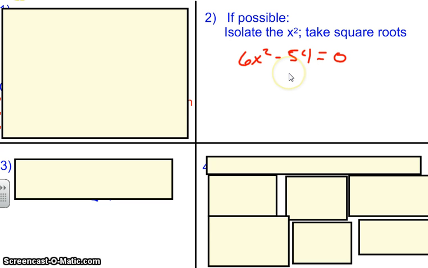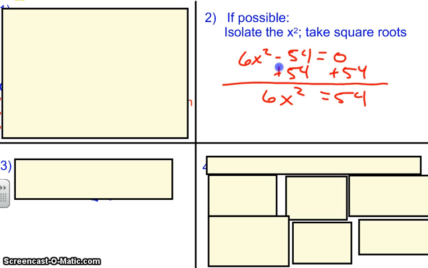And you saw 3 of these on the quiz. And some of you made it harder than it is, right? Because what really is the simple step to solving this? Ellie? Add the what? Okay, good. She says add 54 to both sides. And you have 6x squared equals 54. And then? Good. And then what do you do? Oh, yeah. x equals 9?